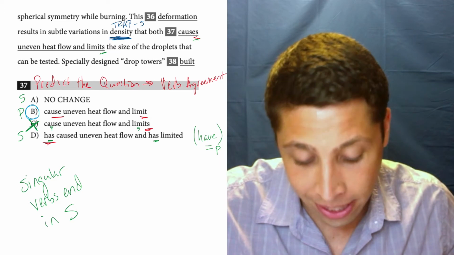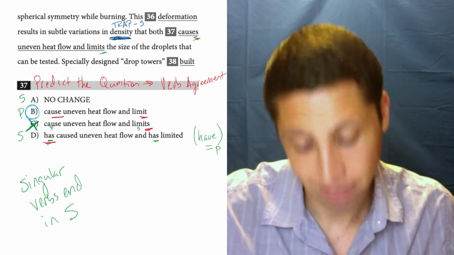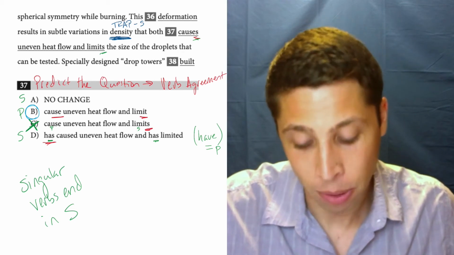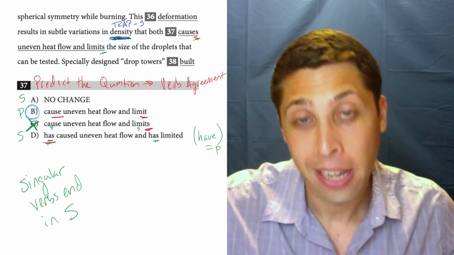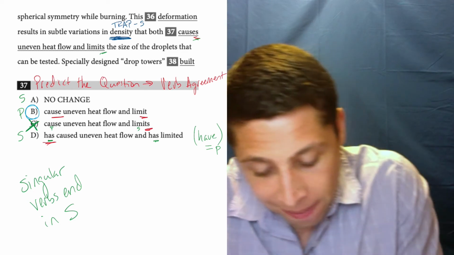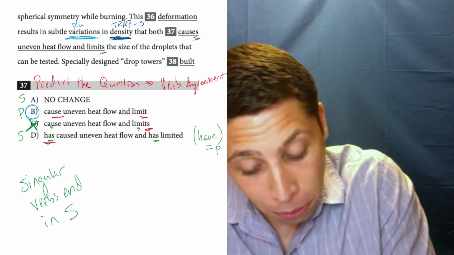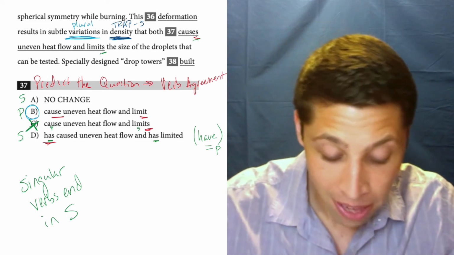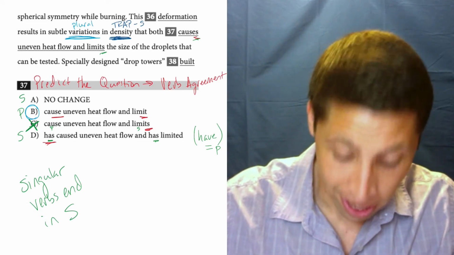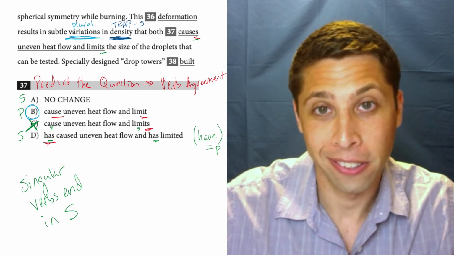And the density causes uneven heat flow and limits the size of the droplets. That's the trap. We match the singular with the two singulars. But it's not density. It's variations, which is indeed plural. The variations cause uneven heat flow and limit the size of the droplets.